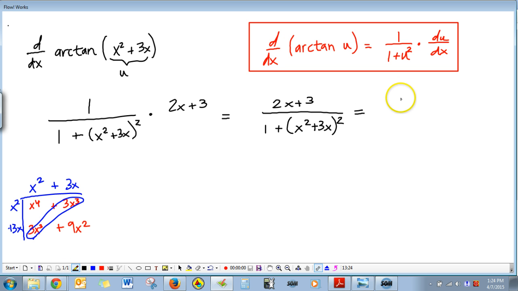So this is 2x plus 3 over x to the fourth plus 3x to the third plus 3x to the third is 6x to the third plus 9x squared plus 1.